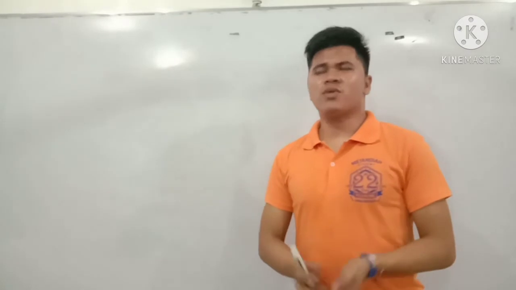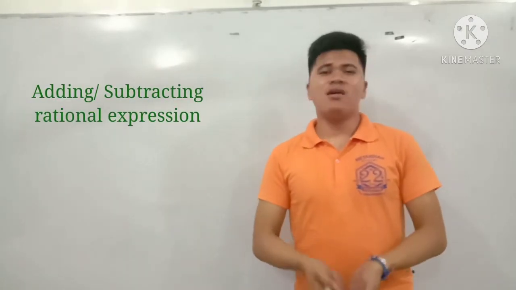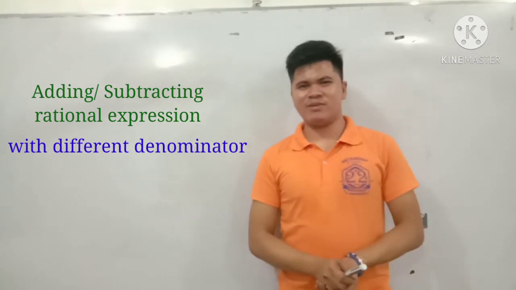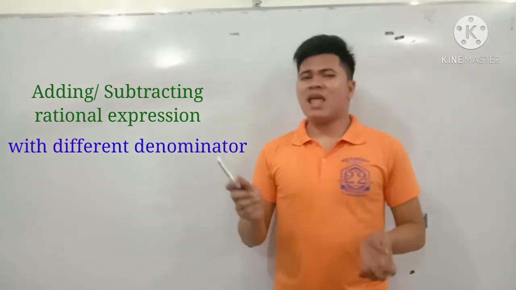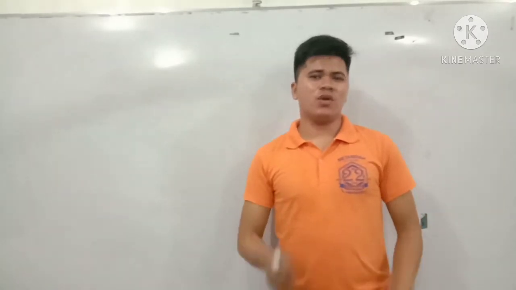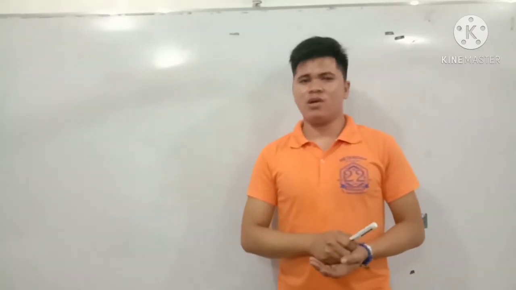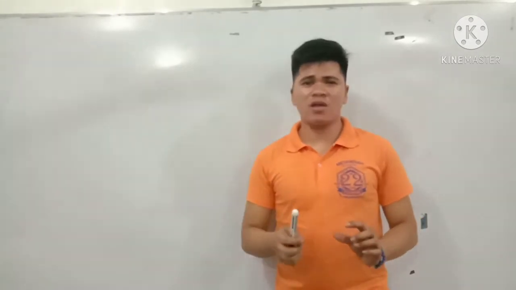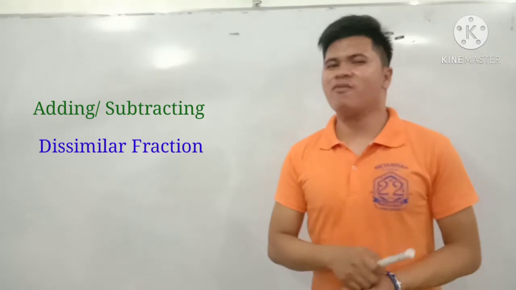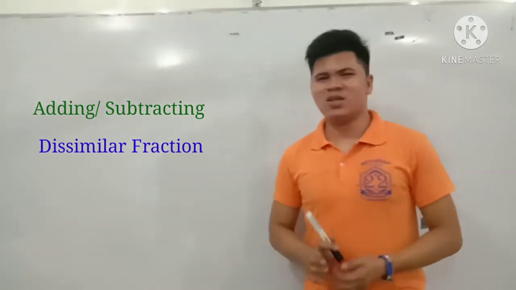Now let's come to adding or subtracting rational expressions with different denominators. Adding or subtracting rational expressions with different denominators is the same as the process of adding or subtracting similar fractions. Just like this one.